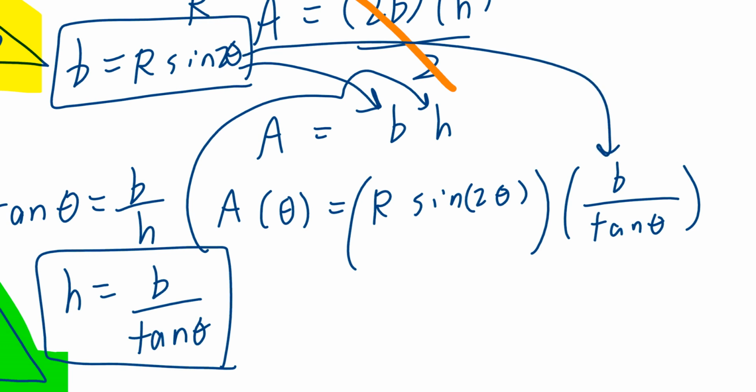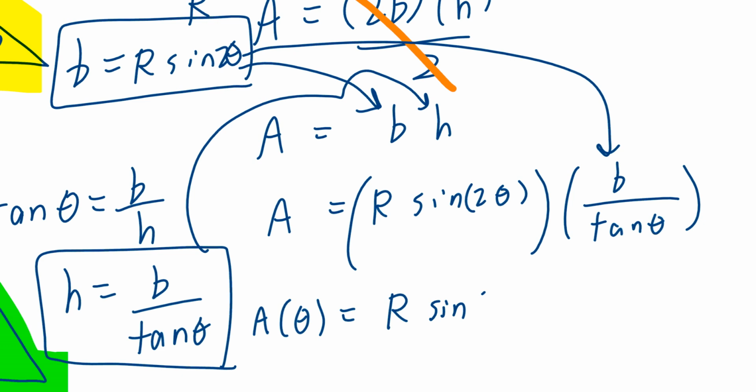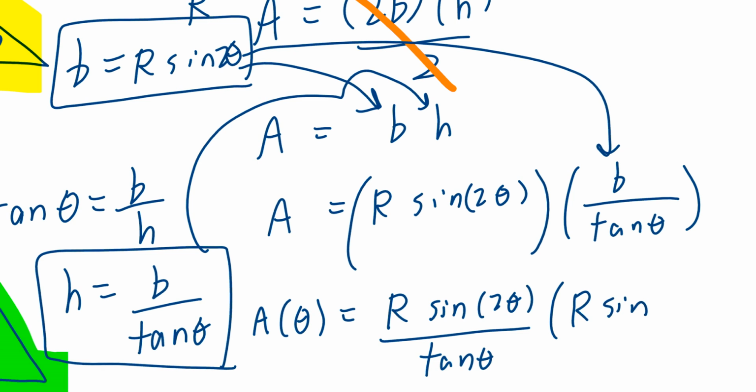So a in terms of angle theta equals, so I guess technically this is not in terms of theta yet. Let's go back and write down a. This is still just in terms of theta and in terms of b. So now I'm going to write down r times sine of 2 theta divided by tan theta. And again, b equals r times sine of 2 theta.